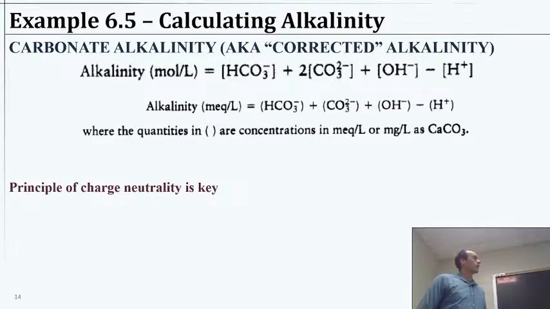All right, so next thing I want to kind of deal with, and we've already touched on this with the CO2 natural water system, is carbonate alkalinity versus non-carbonate alkalinity, all of that kind of stuff. So when we talk about carbonate alkalinity, sometimes it's called corrected alkalinity, meaning that the role of any other stuff in the water that's not carbonate has been removed.